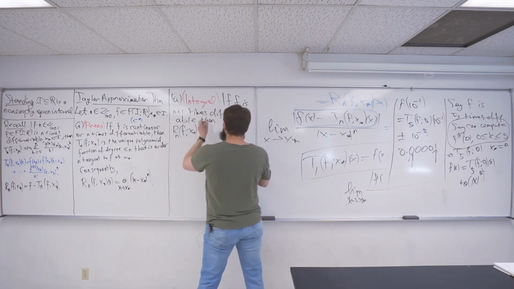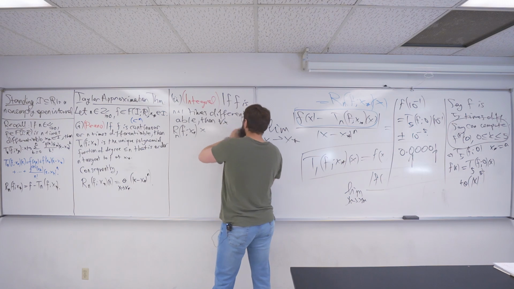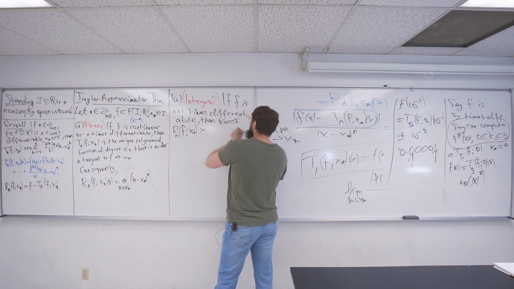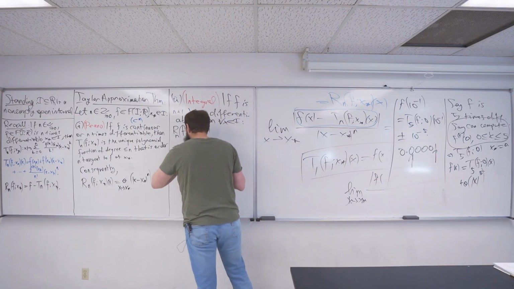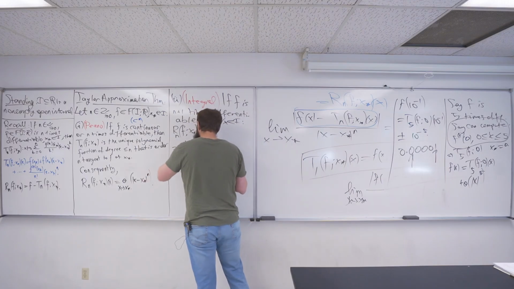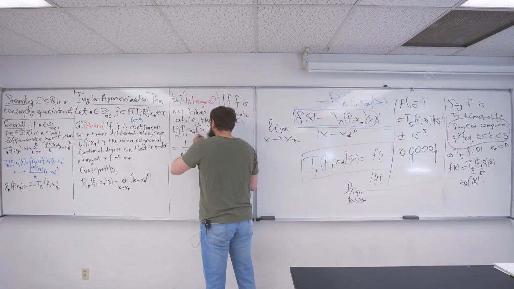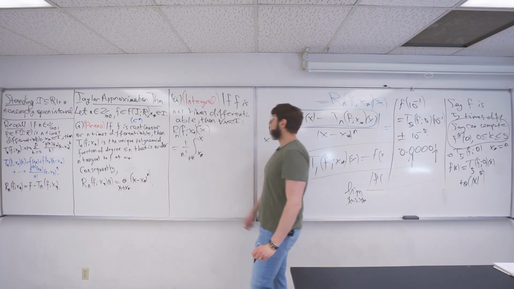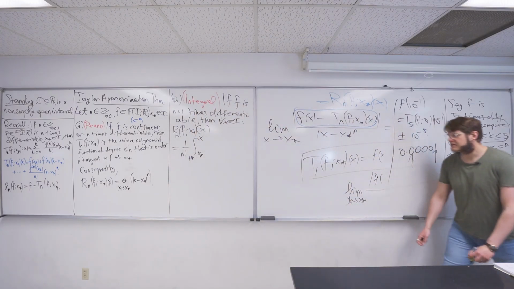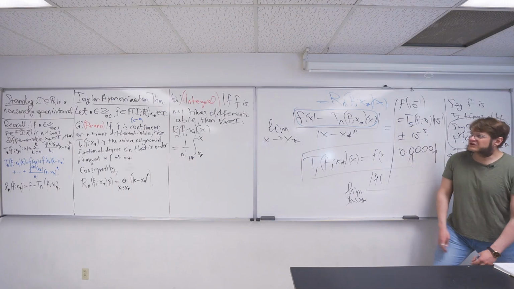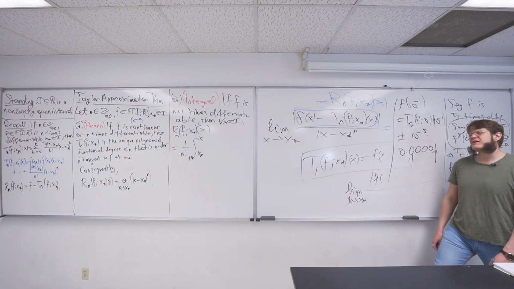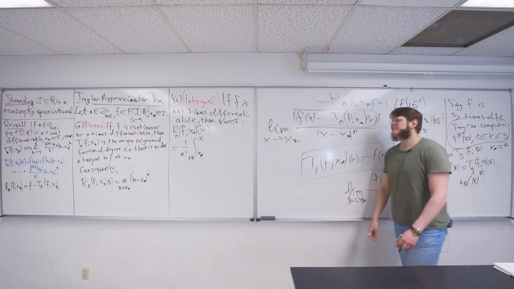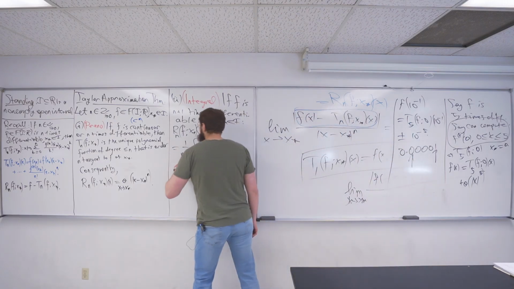Then for any x in I, this is equal to 1 over n factorial integral from x star to x, which in this case probably should be HK because I'm assuming only n plus 1 times differentiability. I'm not going to integrate the n plus first derivative of f by itself. I'm going to multiply it by some polynomial, and that polynomial is going to match with this.